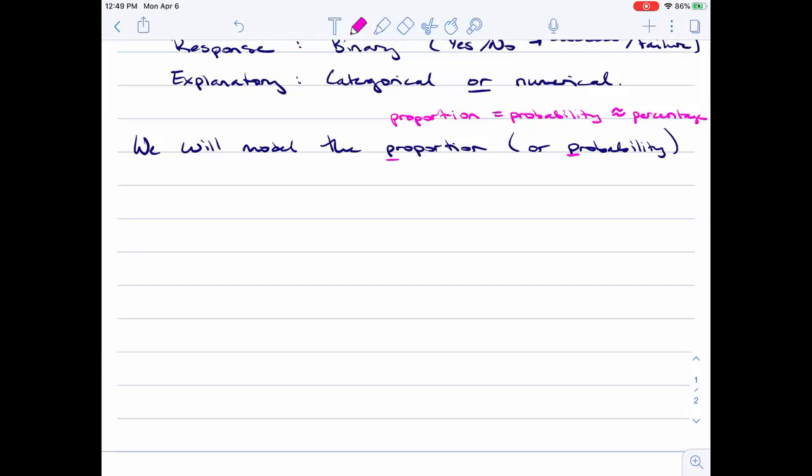So you can use them interchangeably, and we do. So we'll model the proportion or the probability of success.